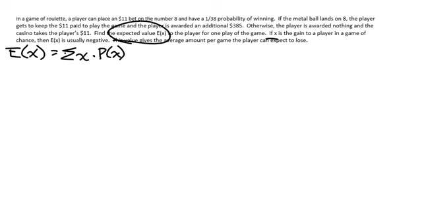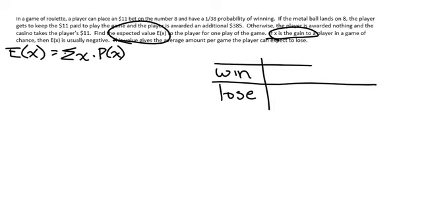Now, x is going to be the gain. So we have two scenarios. We have either the possibility of the player winning or the player losing. We have the gain, and we also have the probability of that gain.